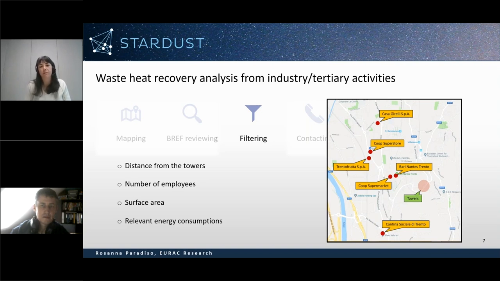These are two parameters that directly affect the energy consumption, and then the possibility of waste heat recovery. And then we selected just the more energy consuming types of manufacturing or tertiary sector activity.